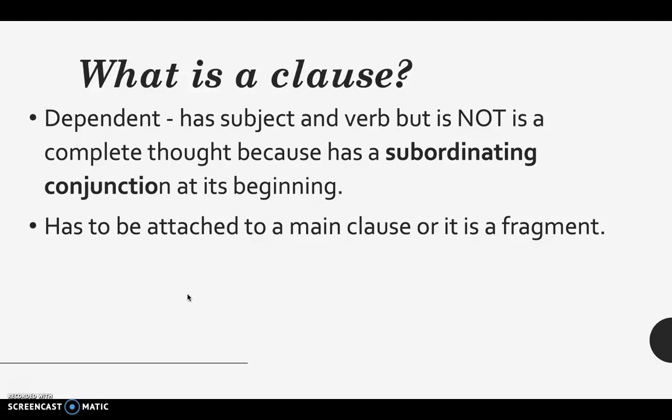The subordinating conjunction is always at the beginning of that clause. These types of clauses can't stand by themselves because they're not a sentence on their own. Instead, they have to be attached to a main clause or another independent clause. Otherwise, they're a fragment. All right?